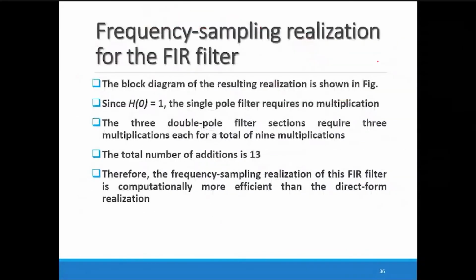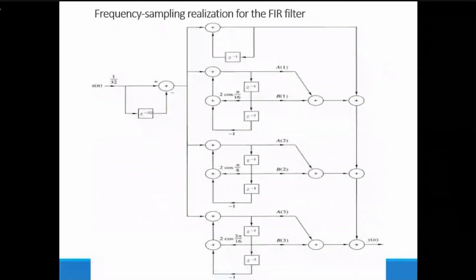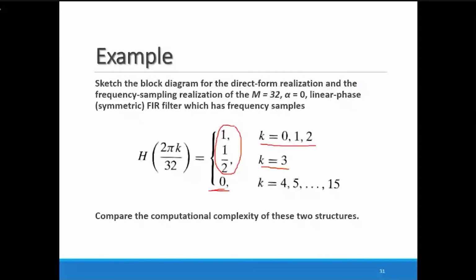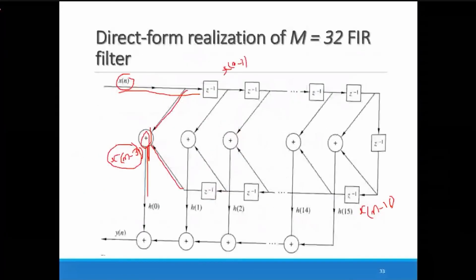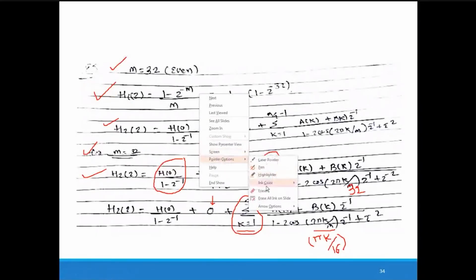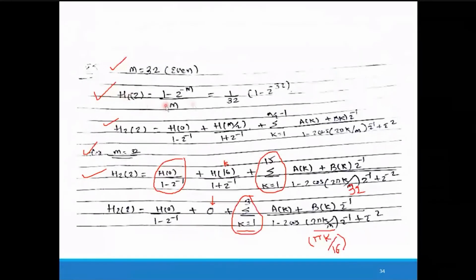So here the block diagram is like this. Here the first equation, just a second, I'm copying this equation over here. Your first equation is H1(z) equal to (1 - z^-M) divided by M. So that will be 1/32 into (1 - z^-32).